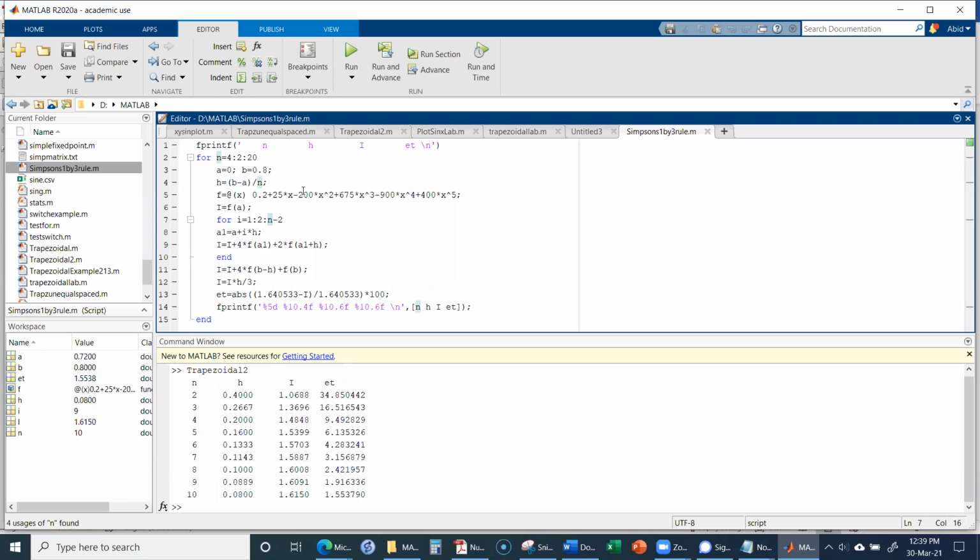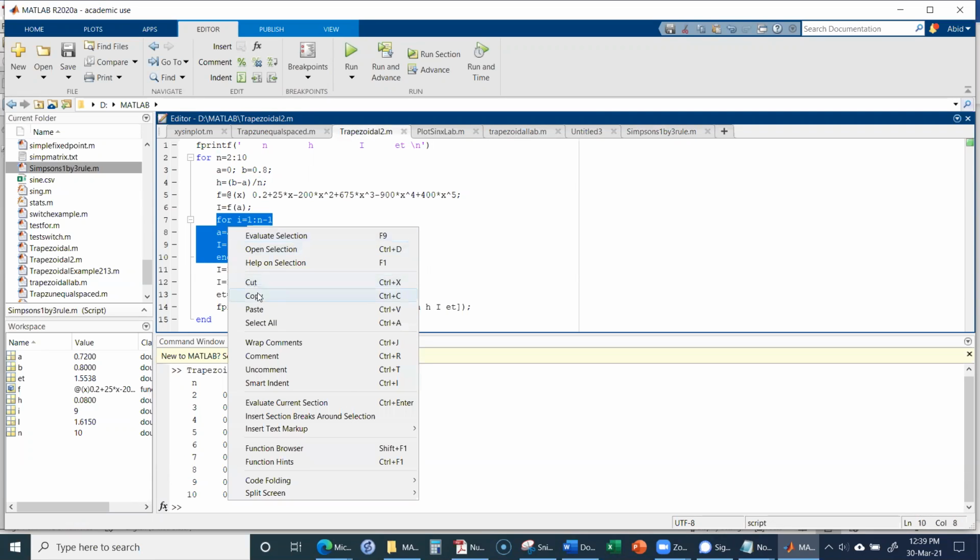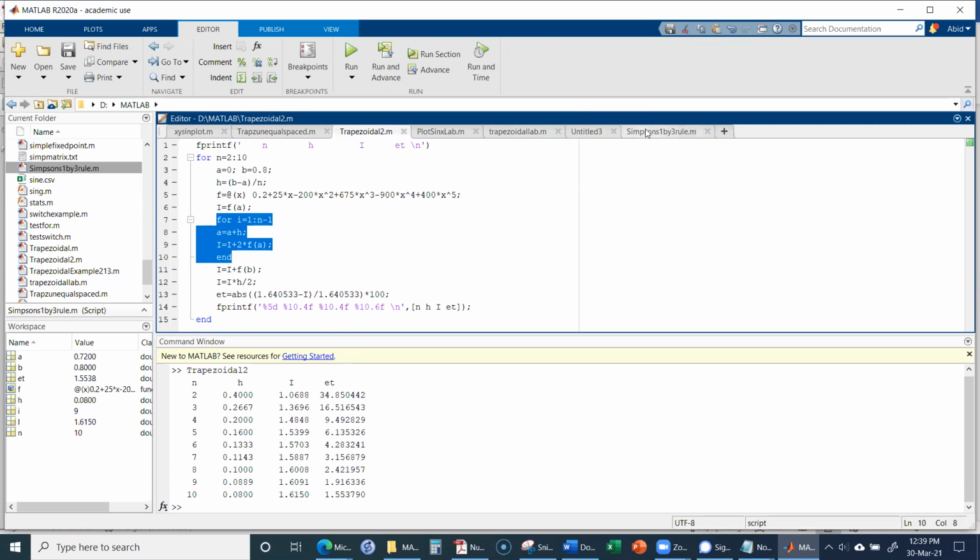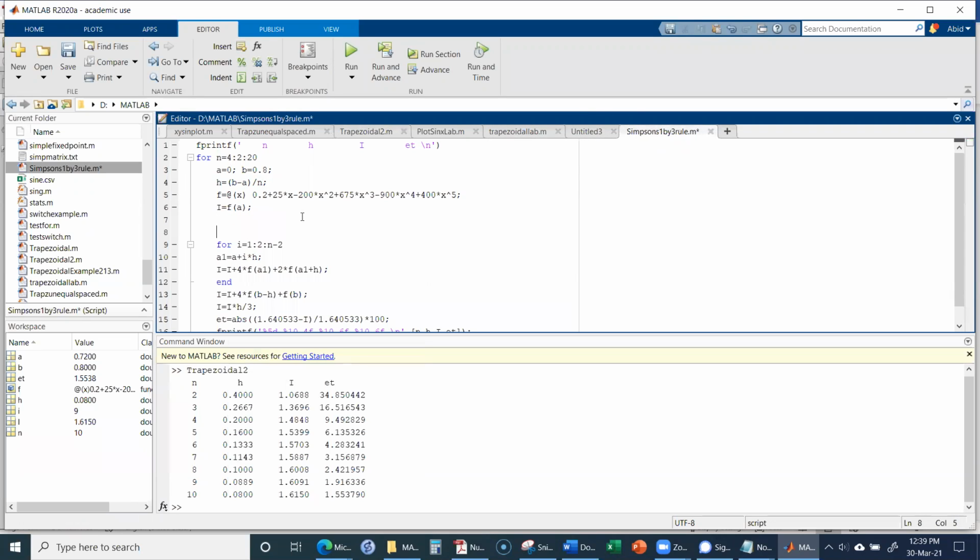For the application of the Simpsons rule, you can see that inside this for loop there is a difference. For example, in the trapezoidal rule it was like this. Let me show you side by side.